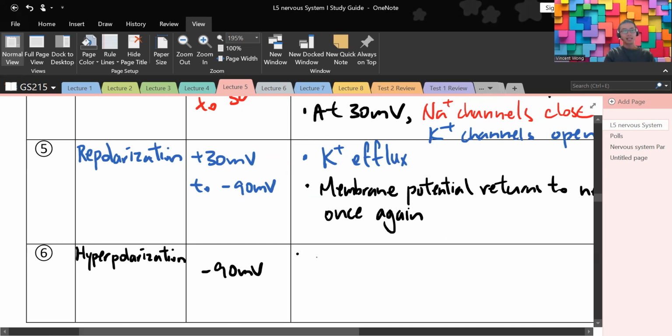So 2 things are wrong here. Number 1, ion distribution is opposite to the resting state.